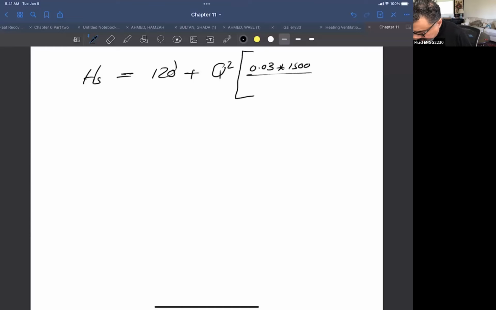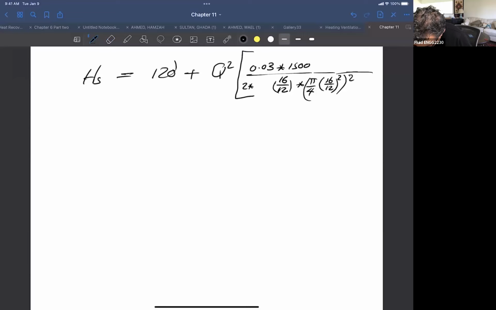The diameter here, I'm going to put everything in feet, so it is 16 inches divided by 12, which gives the feet conversion, right? Times pi over 4, the diameter squared, which is 16 over 12, this will give feet squared, it is all area squared, right? Times 2 times g, which is 32. Let me just put it here.